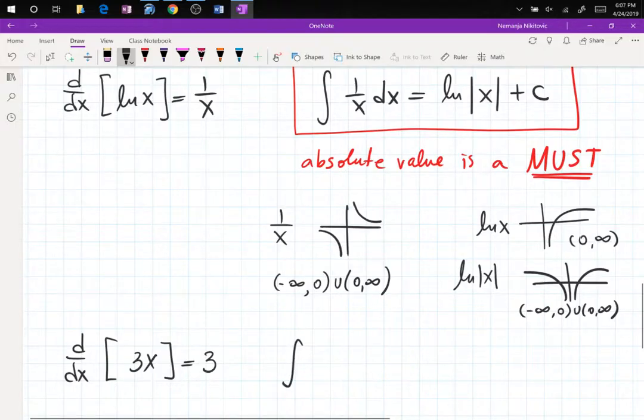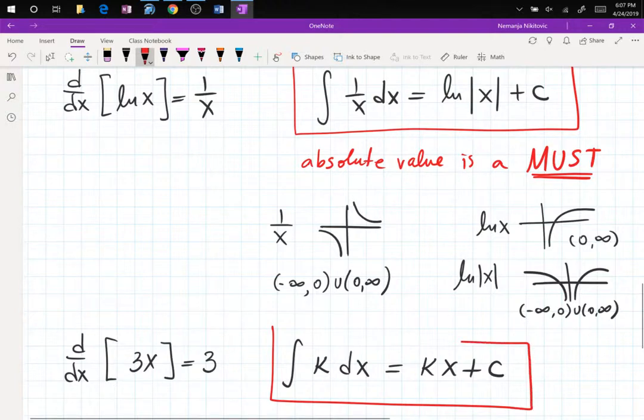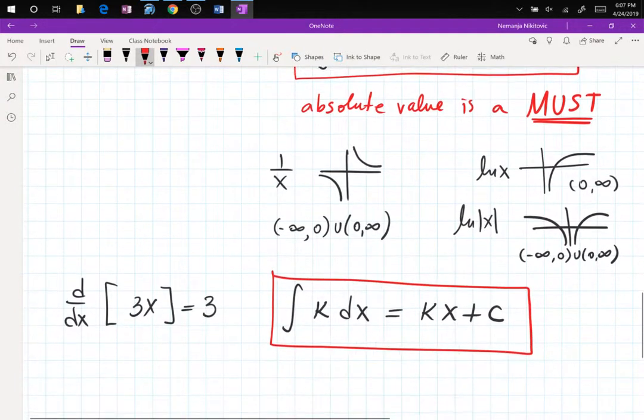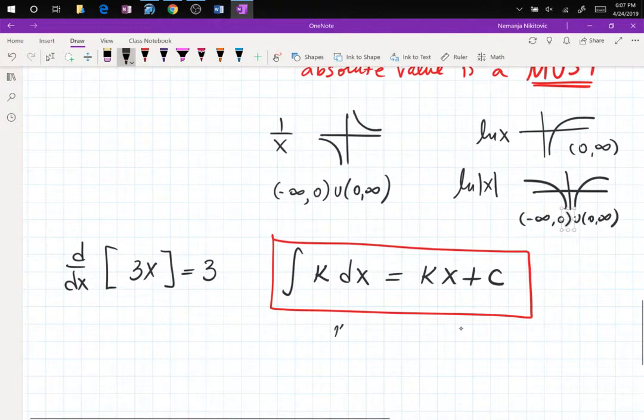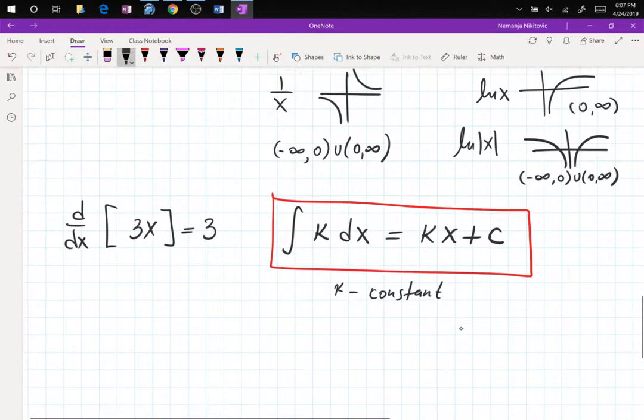So the integral of a constant, let's use the constant k, dx, is going to be kx plus c. K is some kind of constant, like the 3 on the other side. So that's there.